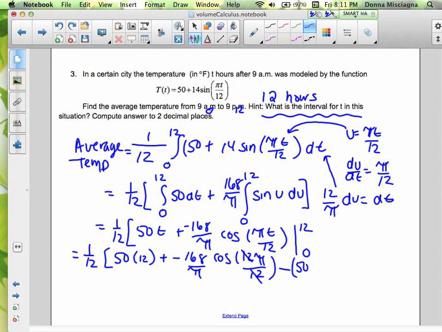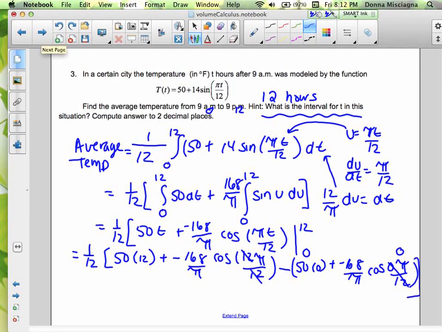Let's see if we can write a little smaller: 50 times 0 plus negative 168 over pi, cosine of 0 pi over 12. If I have 0 pi twelfths, that's just going to be 0, right? That saves us a little bit.